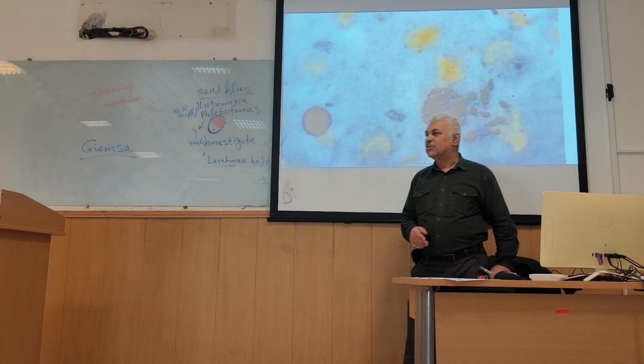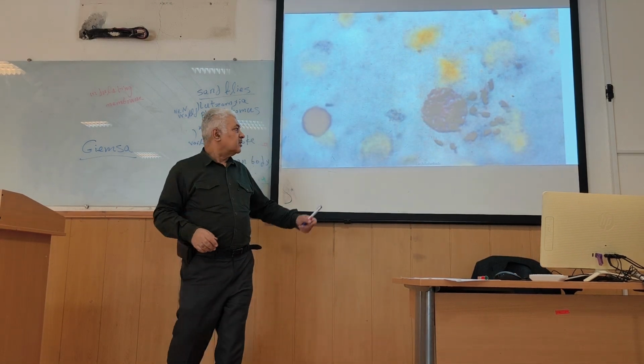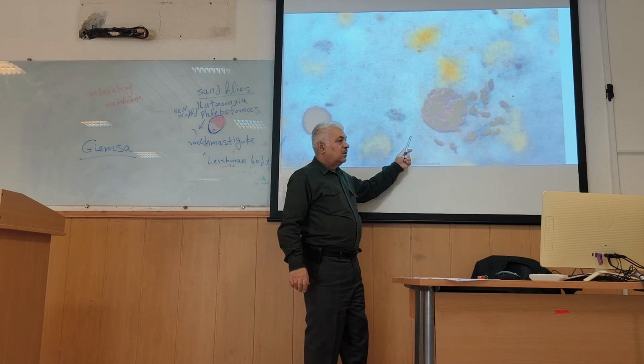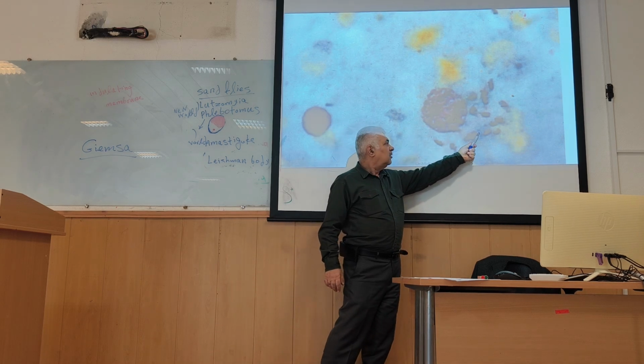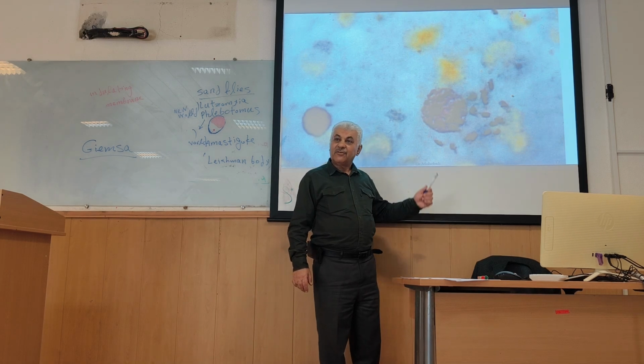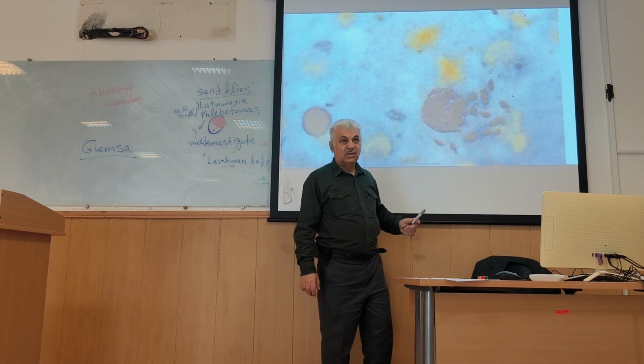As you see, we have a macrophage, and these are the amastigotes of Leishmania after staining with Giemsa.